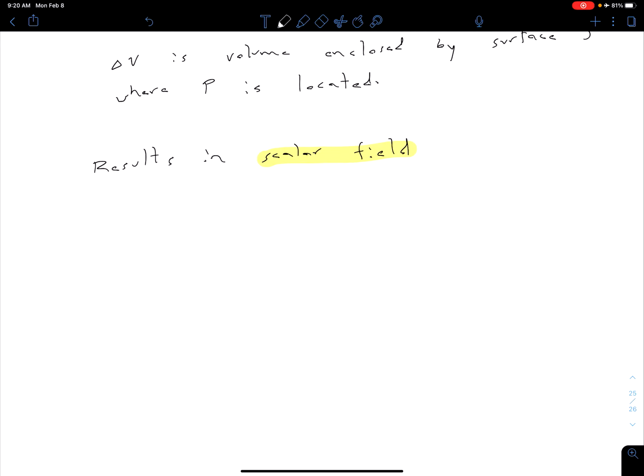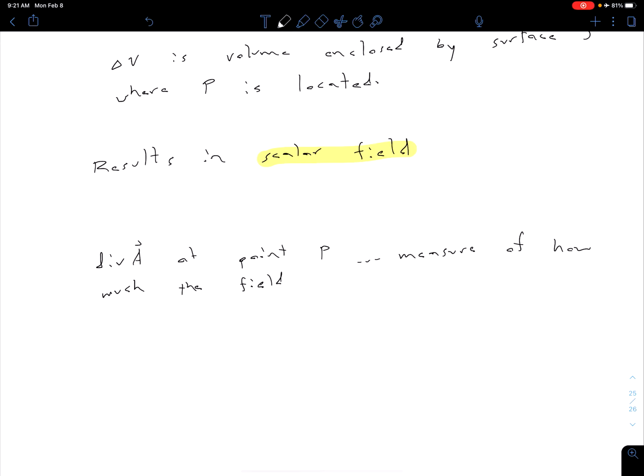We can think about our divergence of A as a measure of how much the field originates from a point P. So div A at point P is a measure of how much the field, or a field, it doesn't necessarily have to be just one, originates from the point.